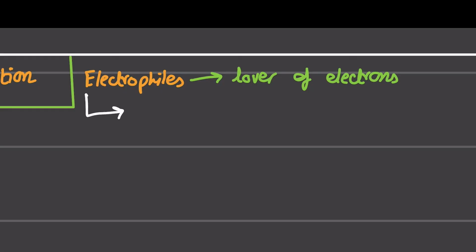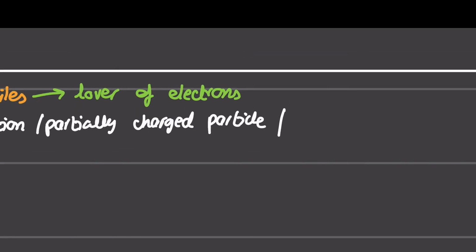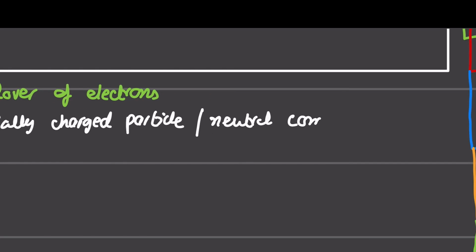It could be a cation, or it could also be a partially charged particle, something that's polar. And surprisingly, it could also be a completely uncharged, neutral particle, which is what we call an induced electrophile. We'll look at this in a second when we talk about polar and non-polar compounds.